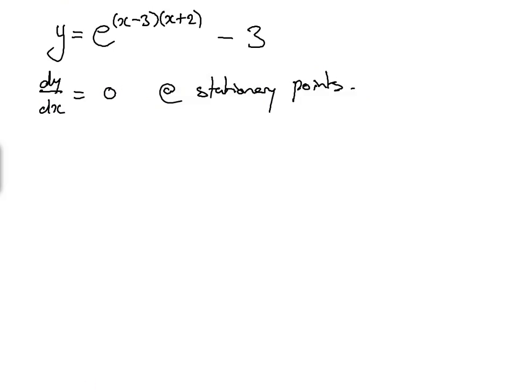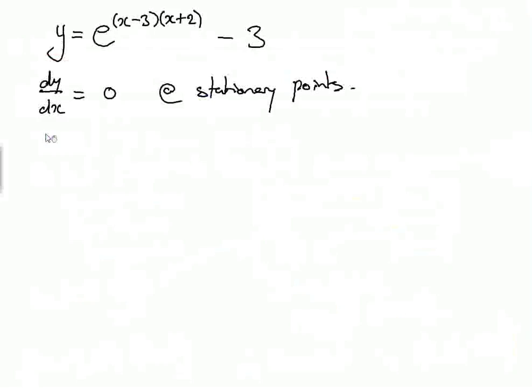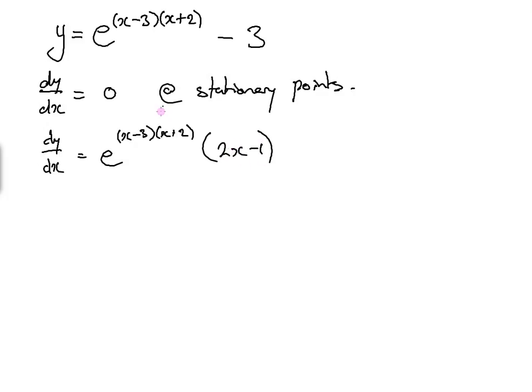So we use our hard work from earlier on, where we found out that dy by dx is equal to this mess here. So we just copy that down. Dy by dx equals e to the x squared minus 3x plus 2 times 2x minus 1. And we set this equal to 0.